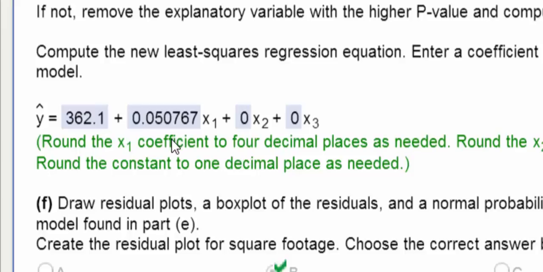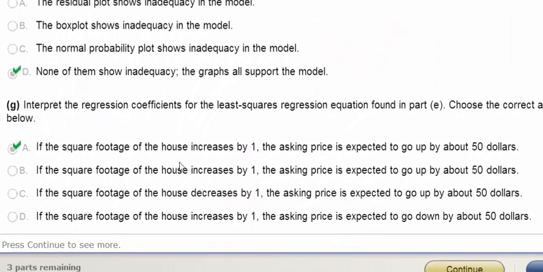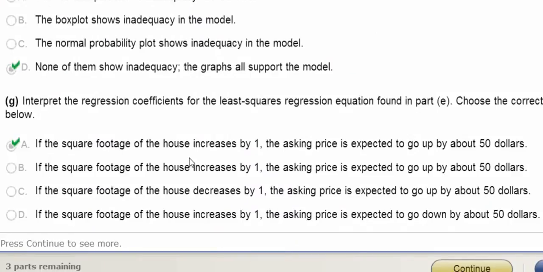So for every one increase in the square footage, and I think that was in thousands, so it's really 1,000 square feet, the asking price would increase by $50. And that's what we said here.